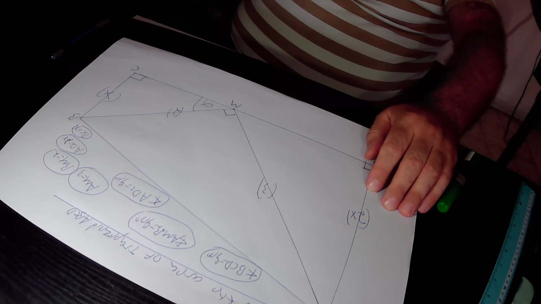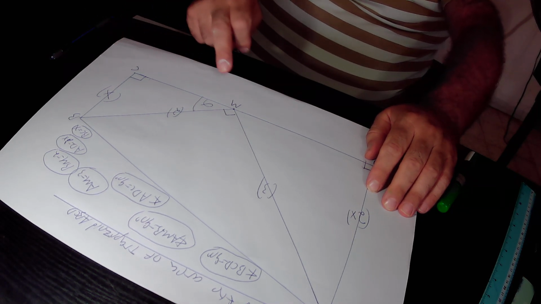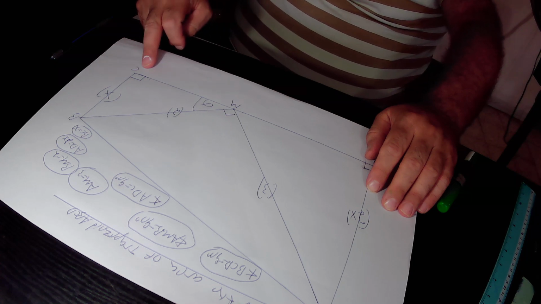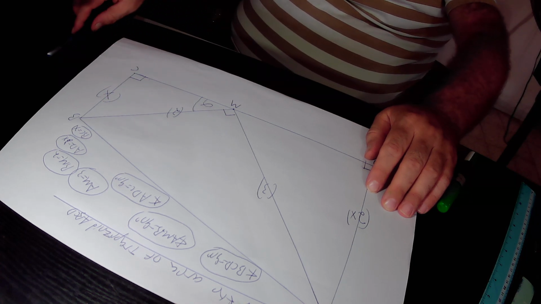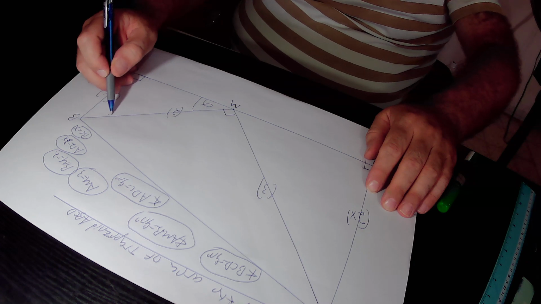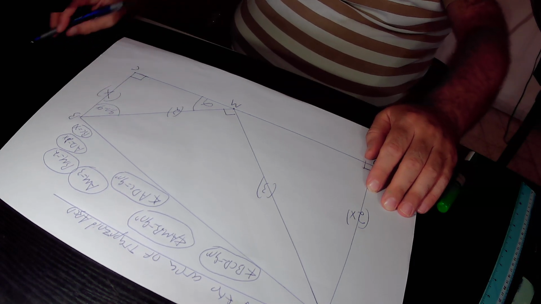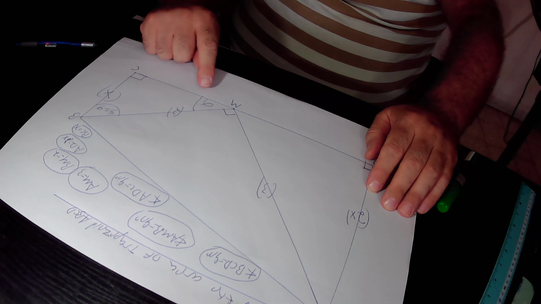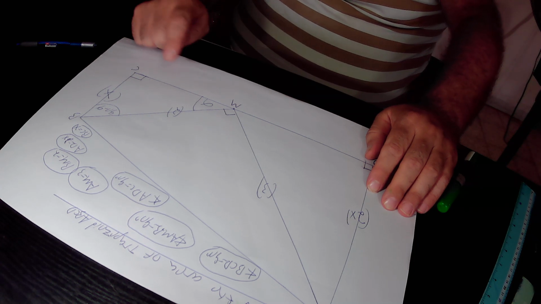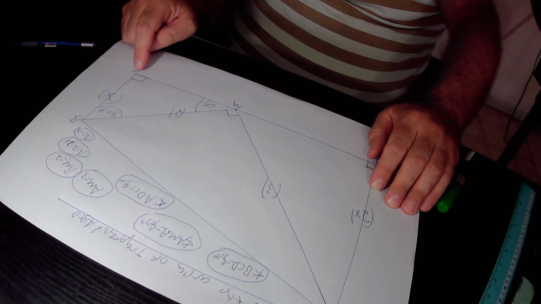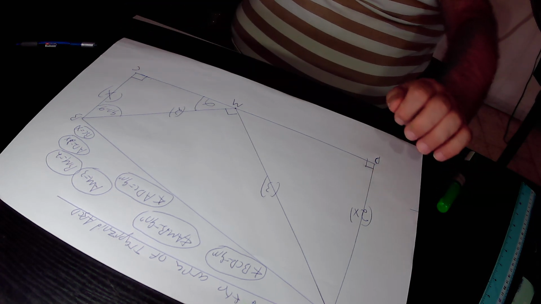So in the right triangle BMC, this angle equals alpha, this angle equals 90 degrees. Therefore, this remaining angle must be equal to 90 degrees minus alpha. Why? Because 90 degrees minus alpha plus alpha is 90 degrees, and 90 degrees plus 90 degrees is equal to 180 degrees. That is the sum of the angles in any triangle.